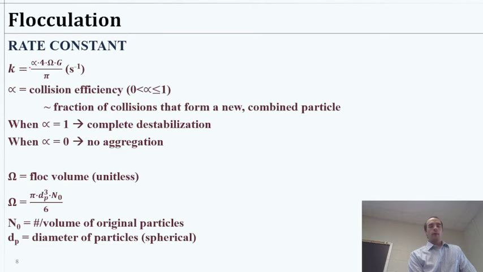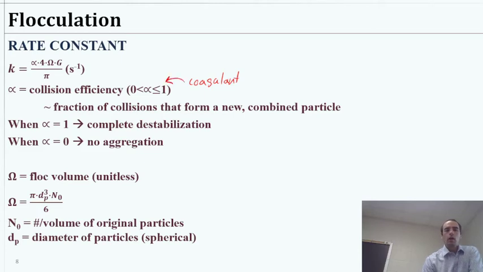Well, this alpha here is going to be collision efficiency. We're going to say, if two particles collide, what percentage of the time do they actually stick together? So this is essentially our coagulation, or our coagulant.